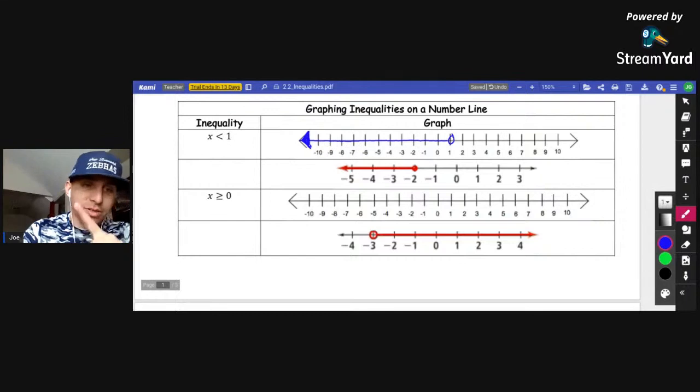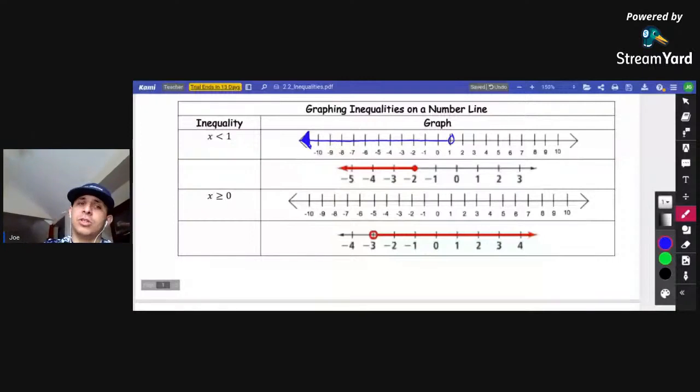Do not be the person that assumes less than left, because if I switch that inequality and I wrote it as 1 is greater than x, you would still shade it to the left because it's written backwards. I'm not going to get into that at this stage in the game, but just be mindful. Don't try to mechanize this. That's when mistakes start to happen.